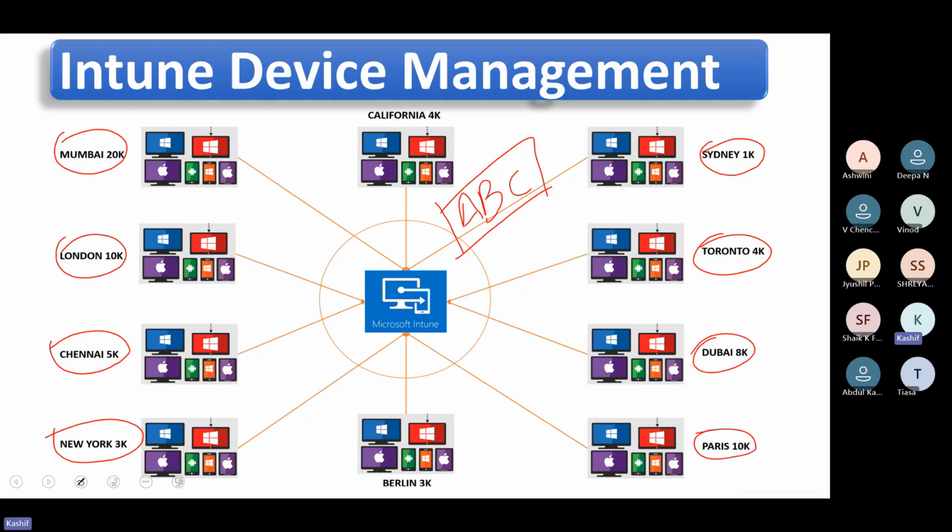So you have these branch offices, and each branch office has some number of devices. Now, from Intune, you can control these devices all over the globe. You don't have to travel anywhere. As Intune administrator, you will get requirements that kindly send application on all the devices in Toronto. So from Intune, you can do that.